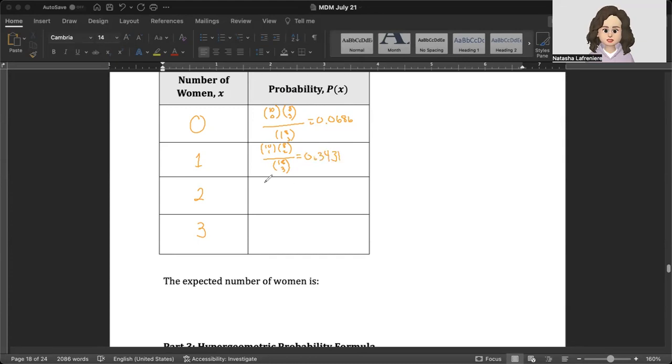And you're going to keep going like that. So C(10,2), C(10,3) with C(8,0).